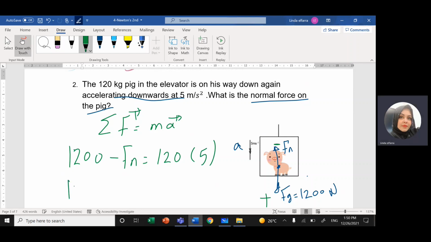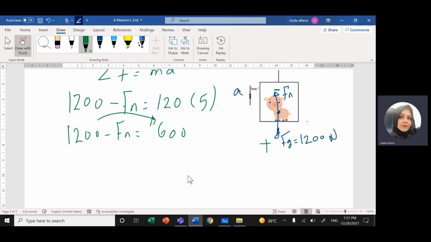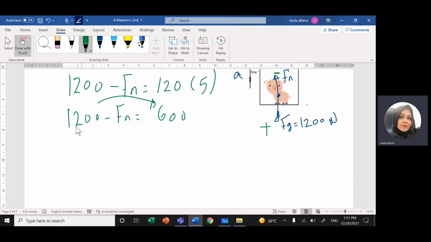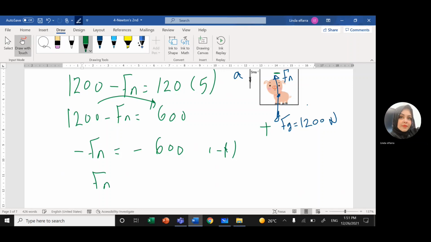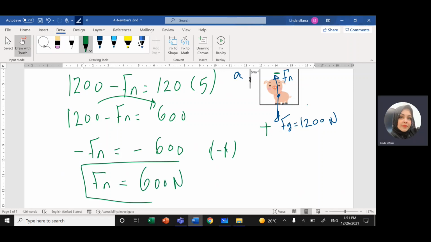So 1,200 minus Fn will equal 600. Take this to the other side and change the sign. So 600 minus 1,200 will give me minus 600. Multiply both sides by -1 or cancel the negative. So the normal force will equal 600 Newton.